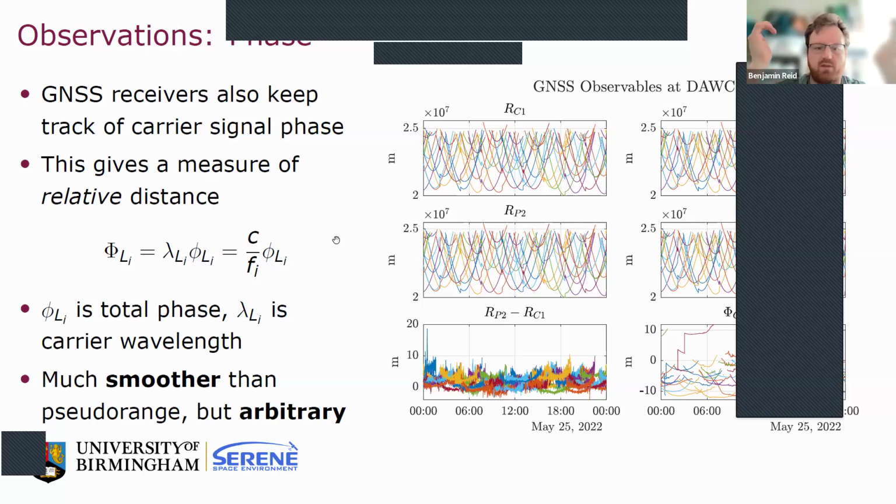It's just an arbitrary number. It's not an exact measurement, not a precise measurement. But what we're trying to do with TEC processing, and we'll see, is essentially trying to combine these two. So you have one that is accurate but noisy. You have another one that is precise but arbitrary, and you want to combine them together to produce a better signal.